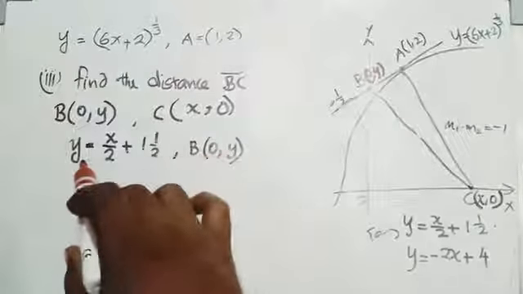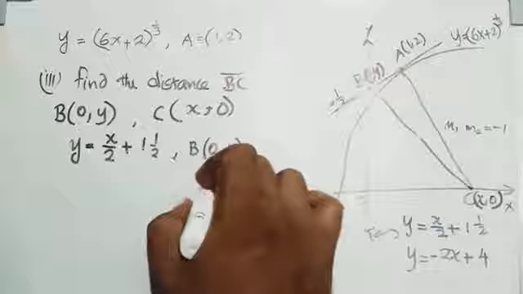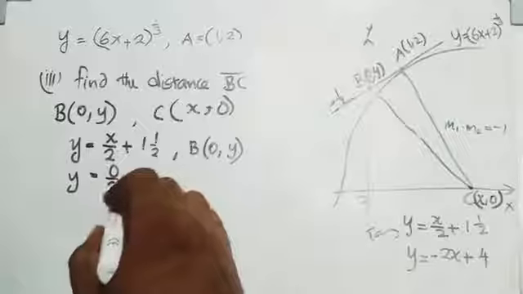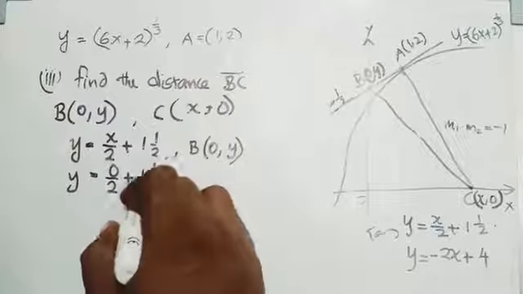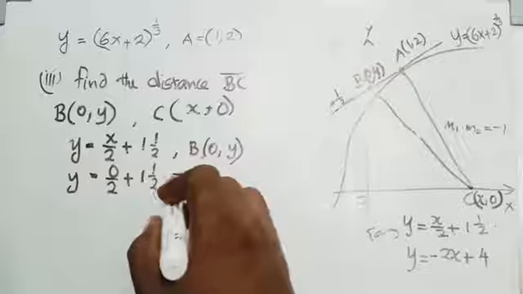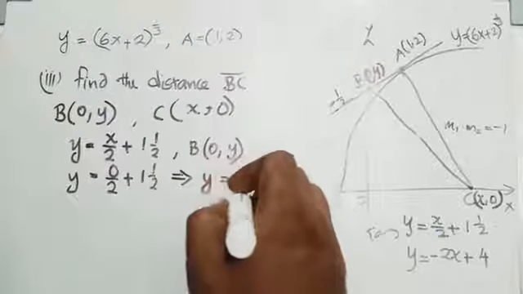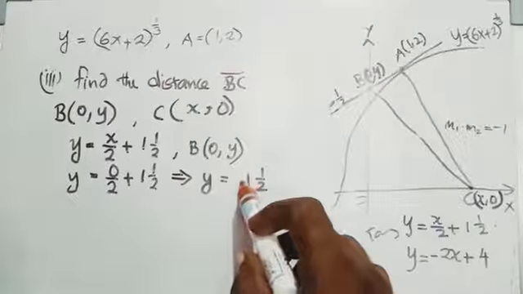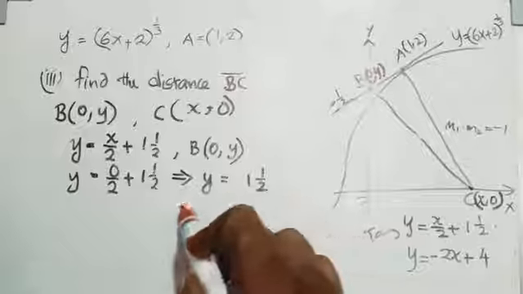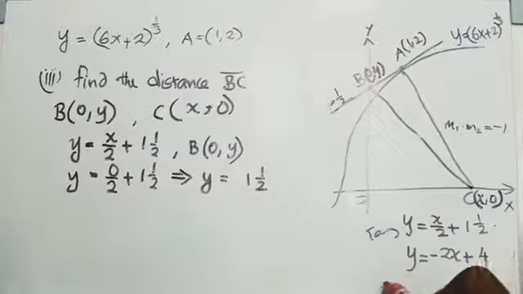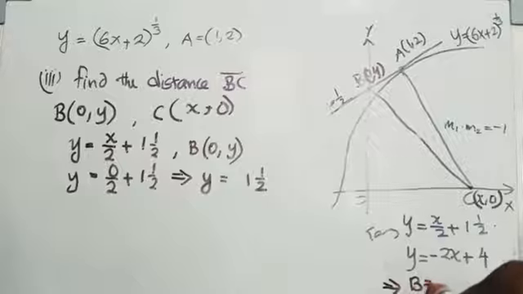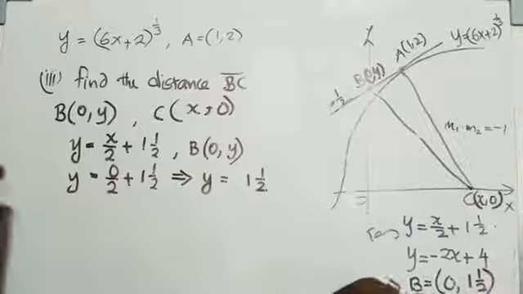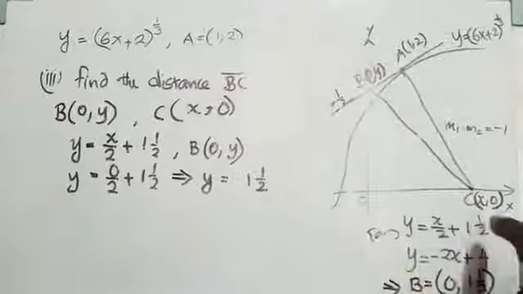So when you replace x and y with these points, we get y equals 0 by 2 plus 1.5, or 1.5. That gives us the value of y as 1.5. That implies the point B is (0, 1.5).